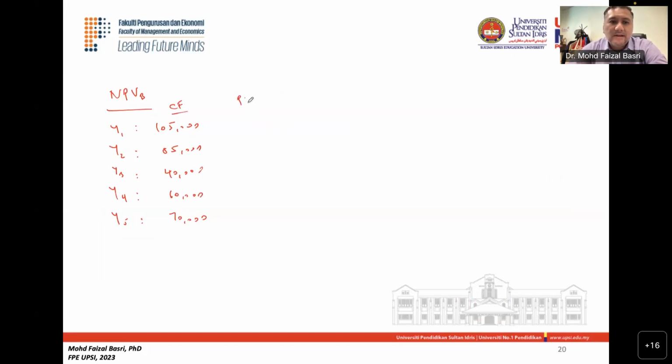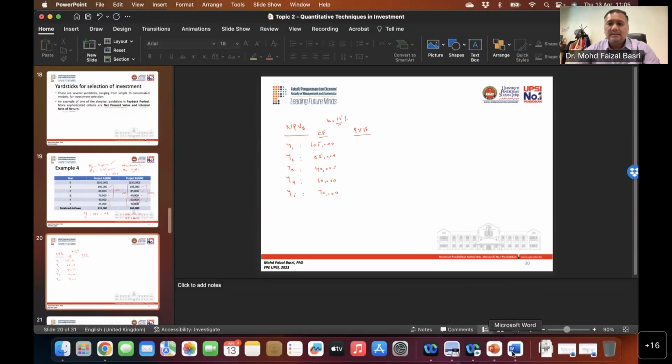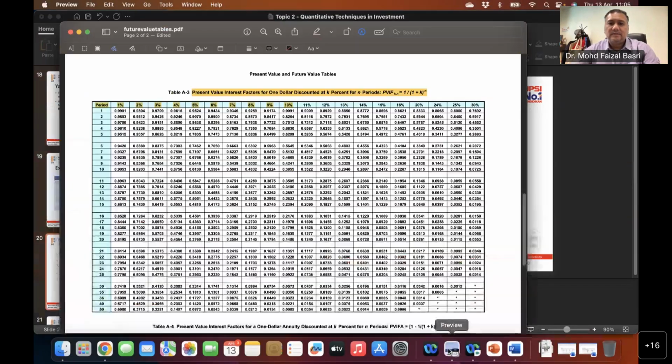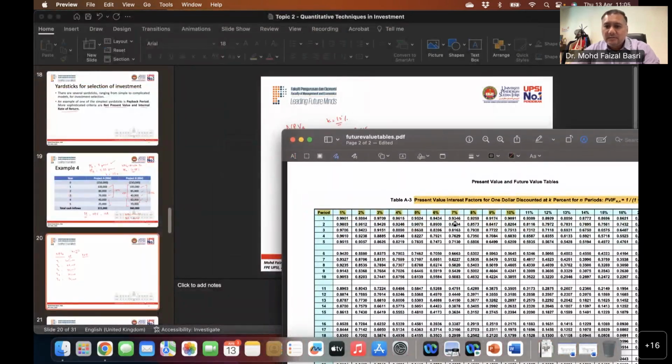We want to find the present value. So we need to have this present value interest factor. So we know the discount rate. The K is 10%. Okay, 10%. So by looking at the table earlier, this table, actually, this one.